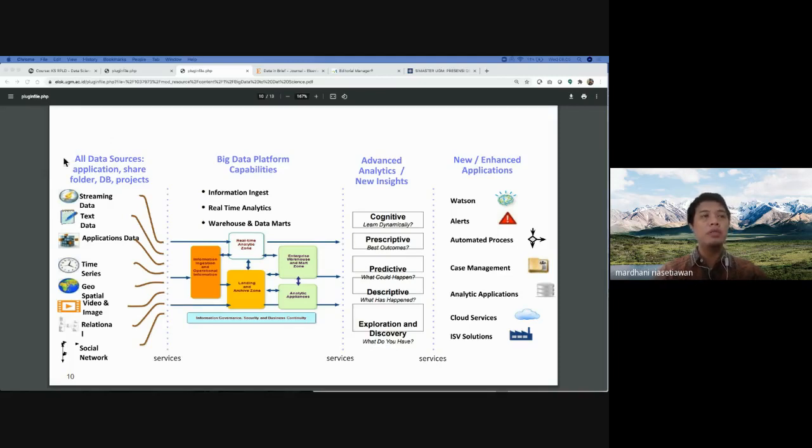The first big step, I call it big because it's not easy, because we have to deal with a lot of things. The first is about the data sources.